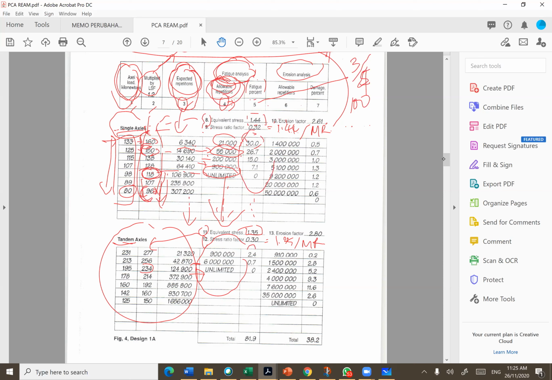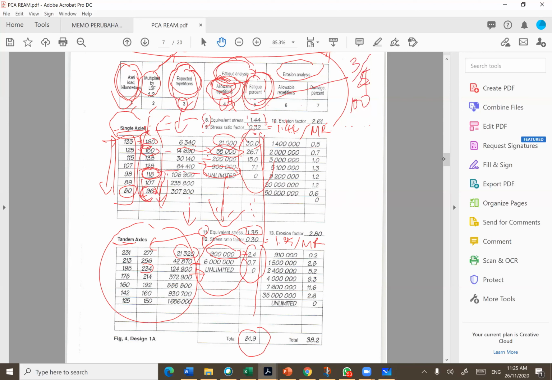Same thing for tandem. The expected 21,000 divided by 900,000, you get the damage percent. At the end, you have to total up the fatigue failure damage percent from bottom, for both single and tandem, and you'll get 81.9.